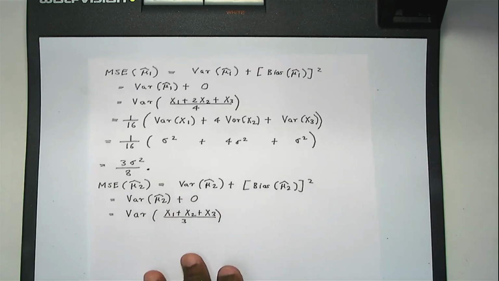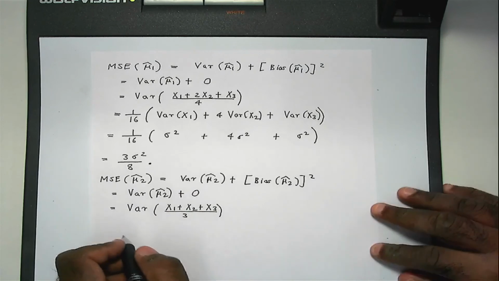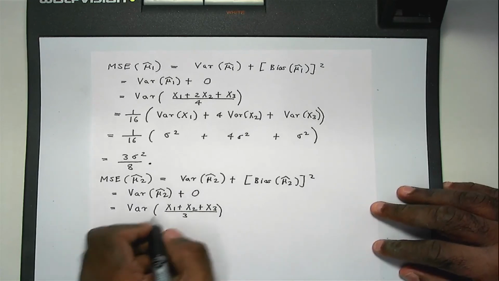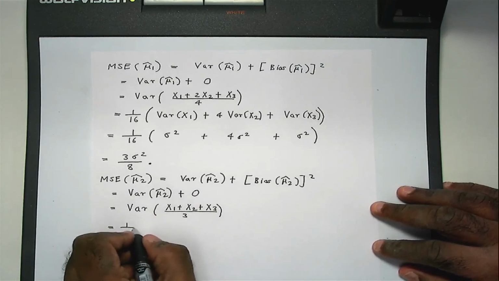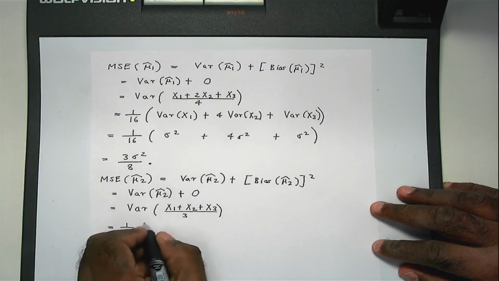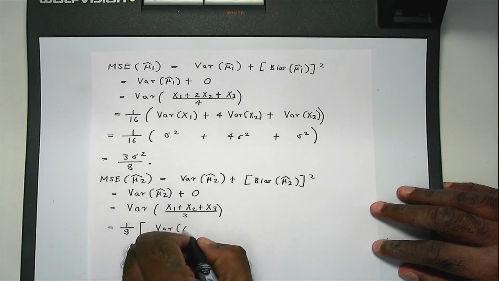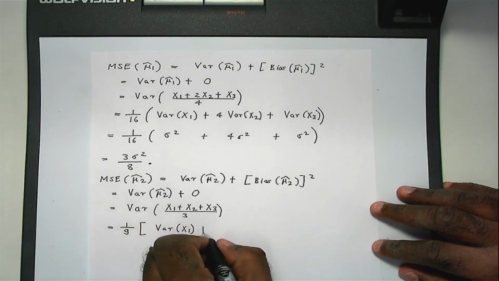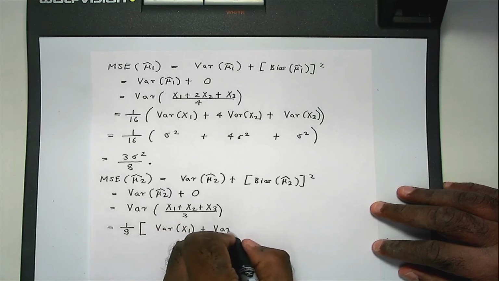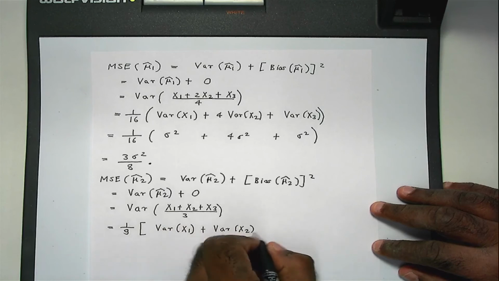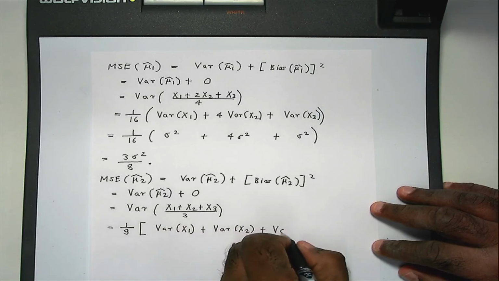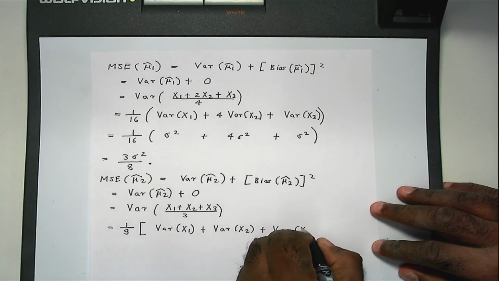Now taking the variance inside, remembering to square the constants, you get 1 over 9 times the variance of x1 plus the variance of x2 plus the variance of x3.